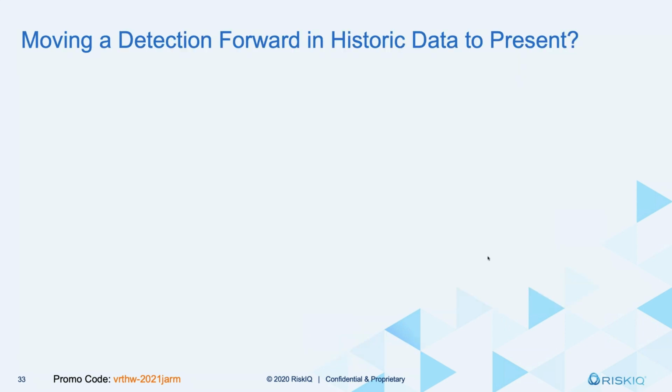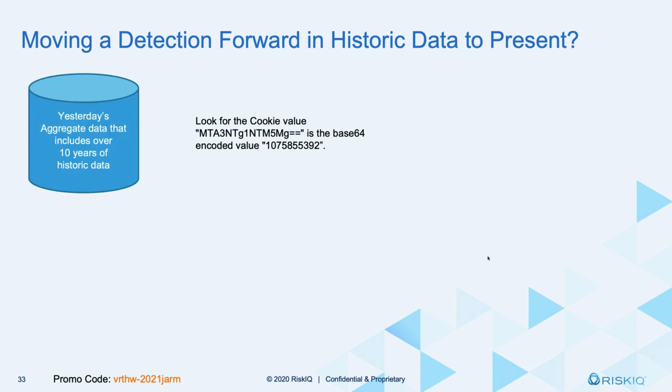So if somebody finds something, like this base64 encoded cookie name, that we need to track, they'll create this, and then we can take yesterday's data set that everybody's using, but we've collected the stuff for today that we haven't merged in yet.